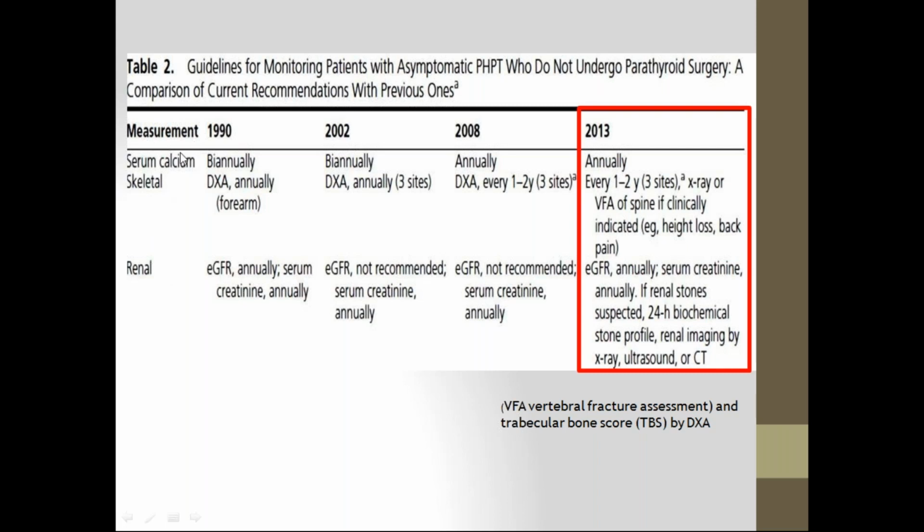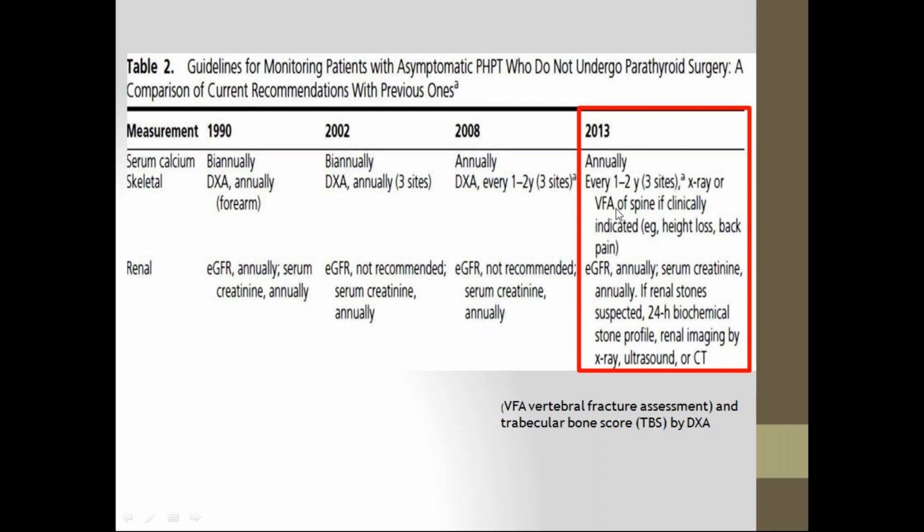Serum calcium was biannual, but according to recent guidelines it has to be checked annually. Skeletal X-ray was previously annual, mainly the forearm, but now the guidelines have changed to every 1 to 2 years. So we have to take 3 sites.